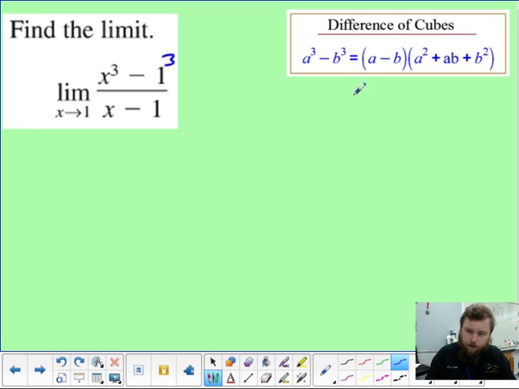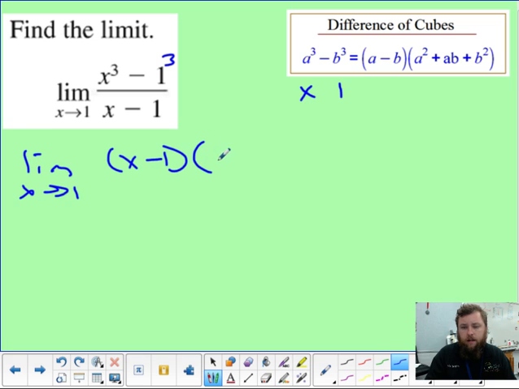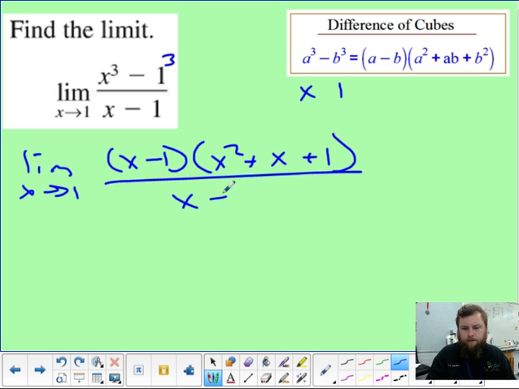I wrote the formula right here just to remind you, because you probably don't remember. So I'm going to rewrite that as limit as x approaches 1 of, and so A and B, in this case my A is going to be x and my B would be 1. So it'd be x minus 1 times x squared plus 1 times x plus 1 squared, which is 1, all over x minus 1.